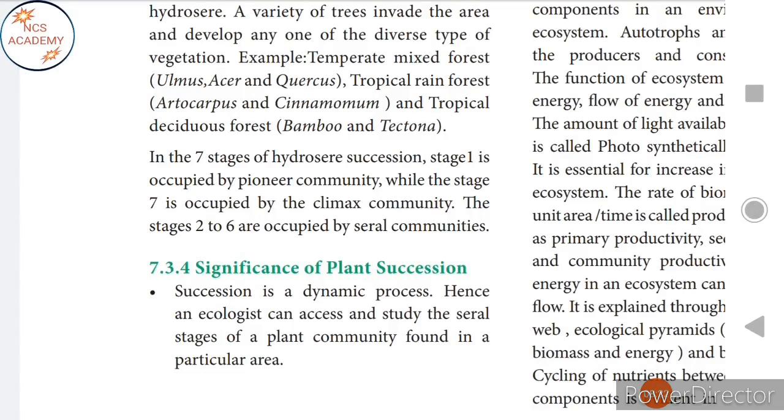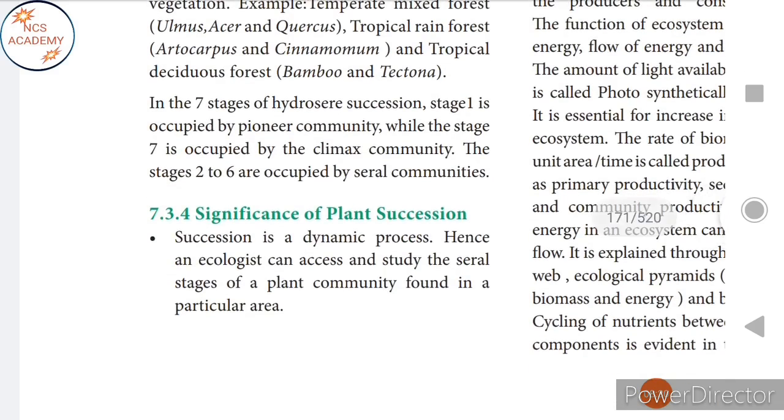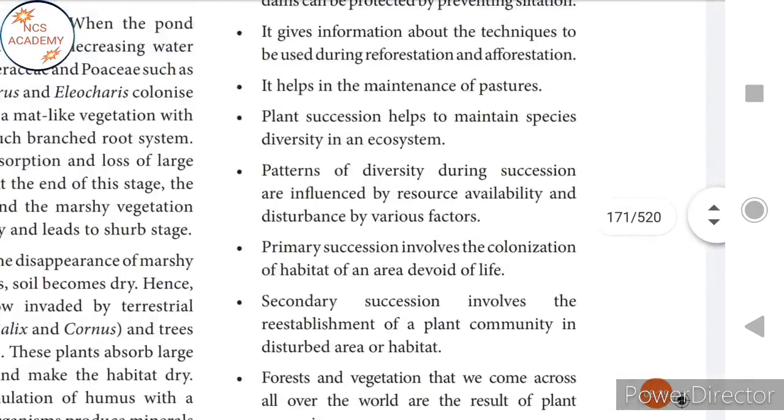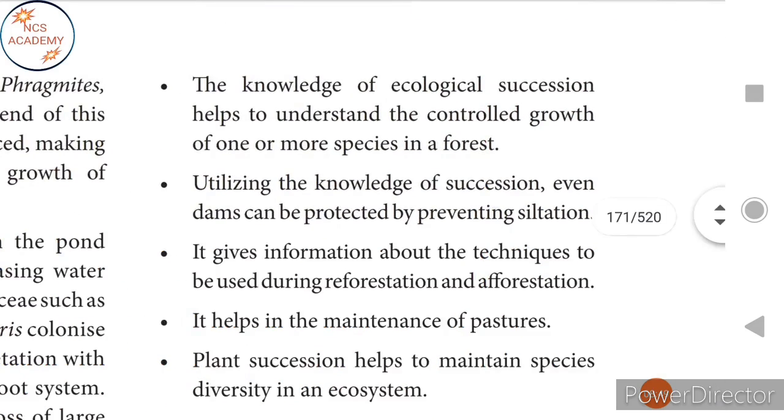Write the significance of plant succession. Succession is a dynamic process, hence an ecologist can assess and study the several stages of plant community found in a particular area. Likewise, the second point, the knowledge of ecological succession helps to understand and control the growth of one or more species in a forest.